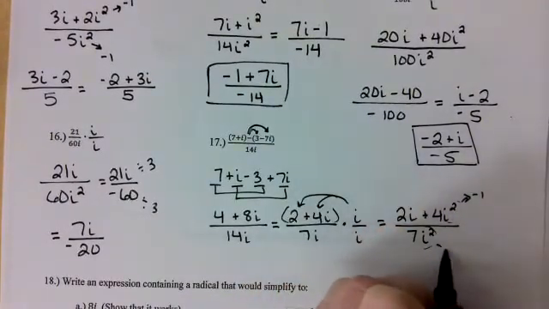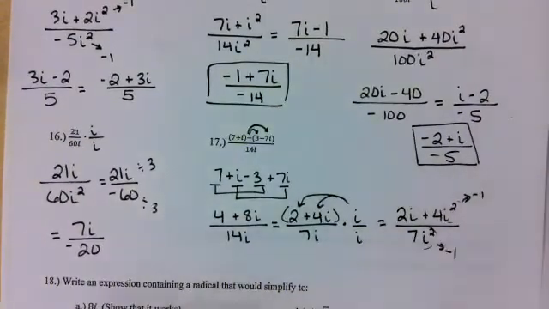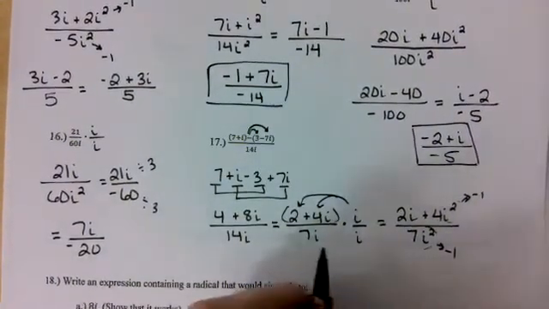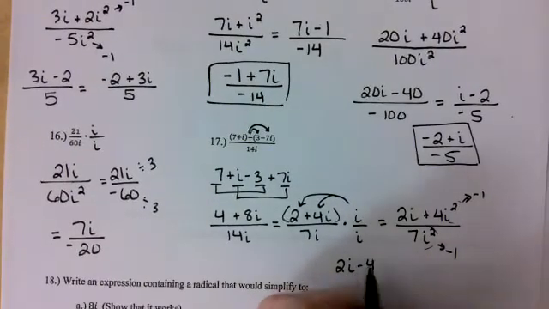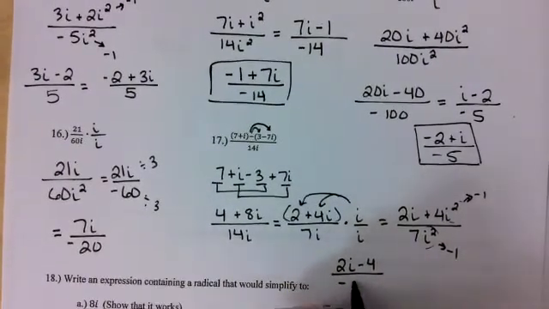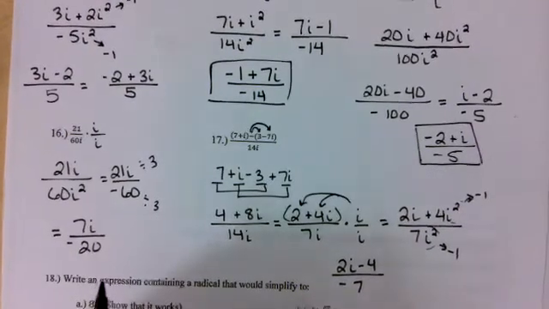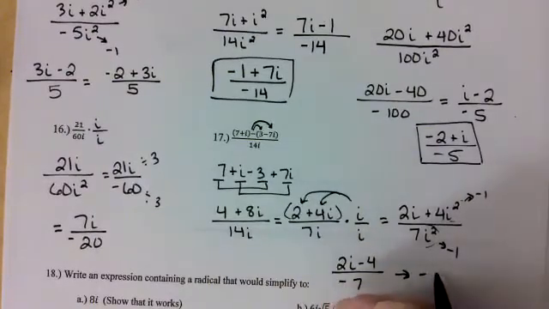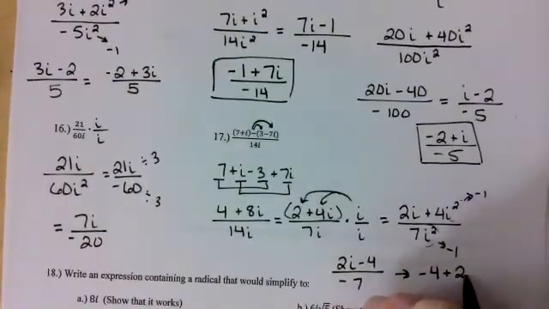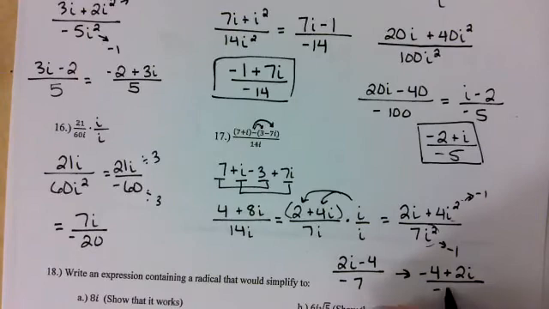This guy turns into a -1. I'm left with 2i minus 4 over -7. And again, if I want to rewrite it so that way my real number is out in front, I've got -4 plus 2i over -7.